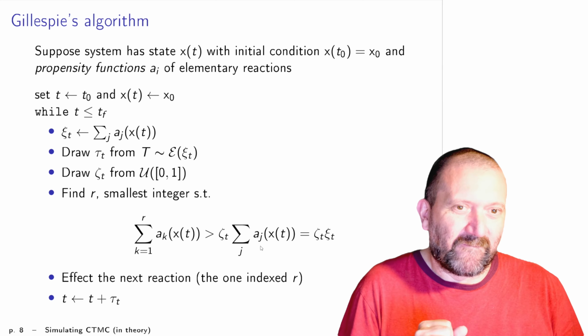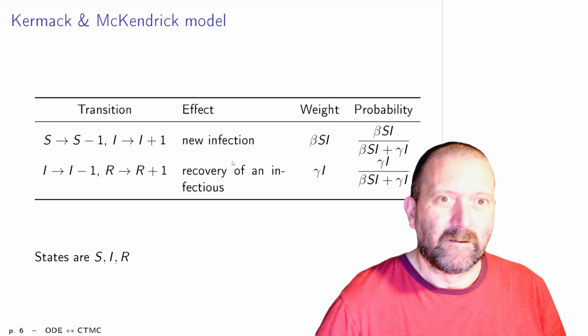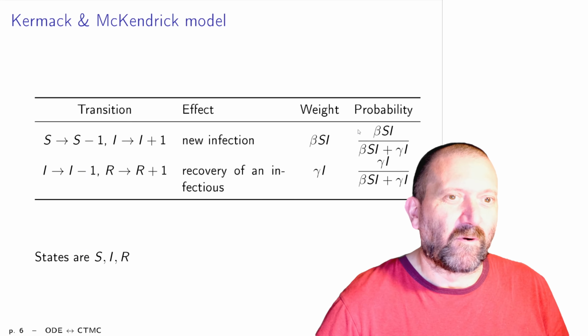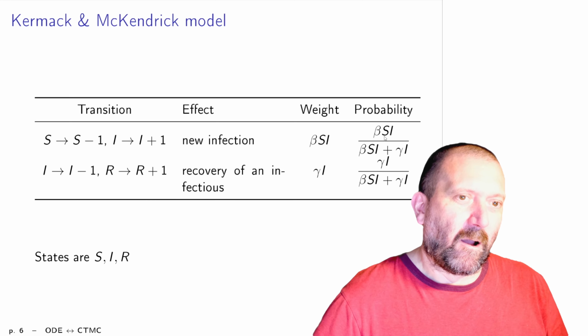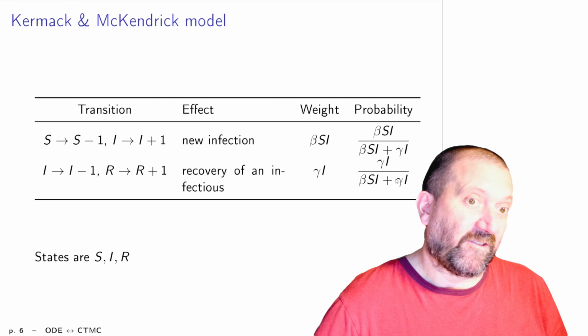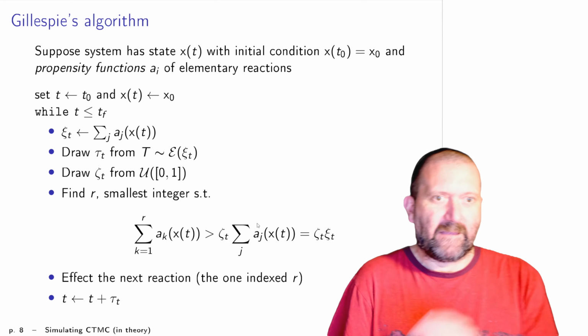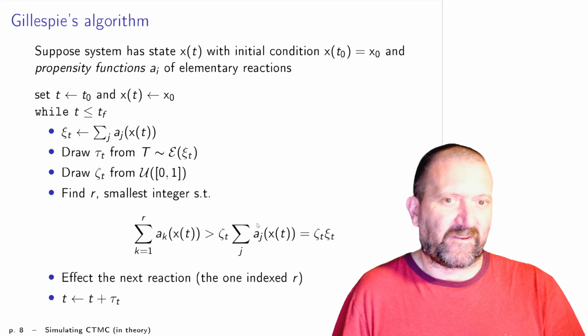So this here is xi. Xi is what I've denoted beta S I plus gamma I here, for example. And so what you want to know is whether you are with a value that is between 0 and beta S I over xi, or between beta S I and 1 in this case, because the sum of the two is 1. And that value determines which of the potential events is taking place.